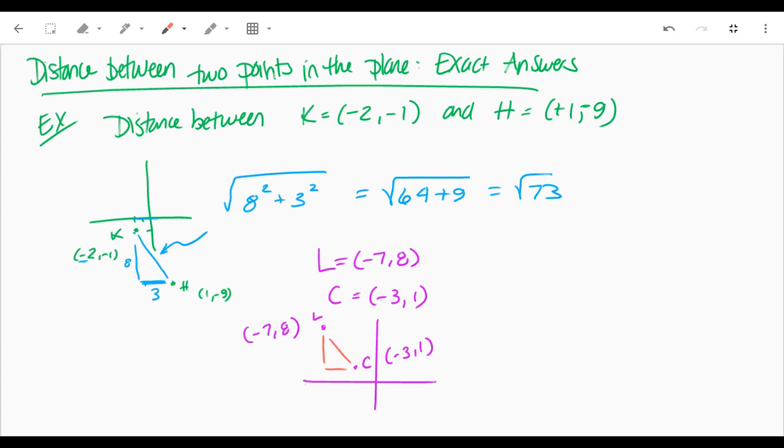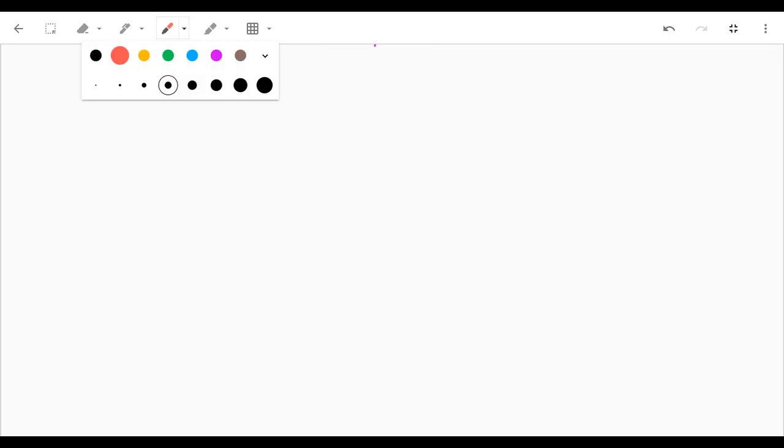In the x's from -7 to -3, I travel 4. And in the y's from 1 to 8, I travel 7. So 7 squared plus 4 squared: the square root of 49 plus 16, which is the square root of 65. That's it. Much better than that last one we did, right? I really did not like that last one.